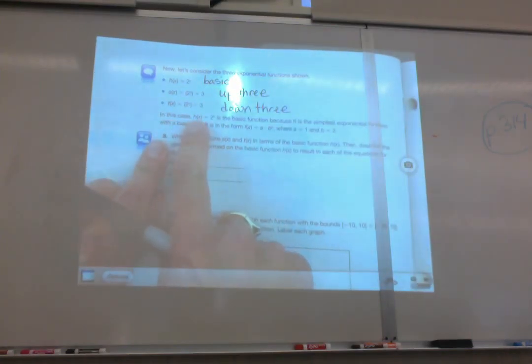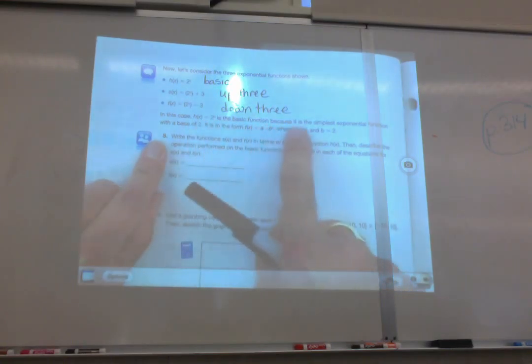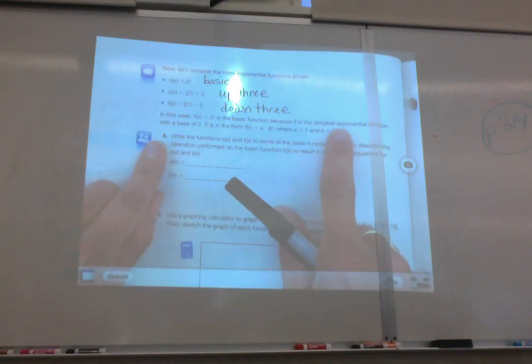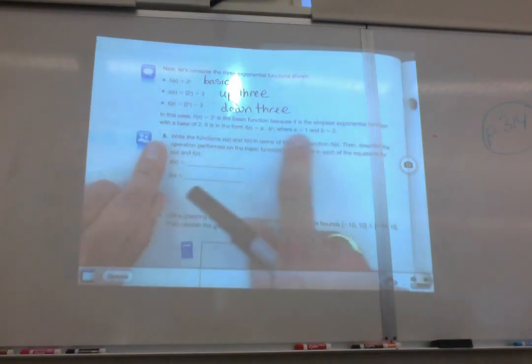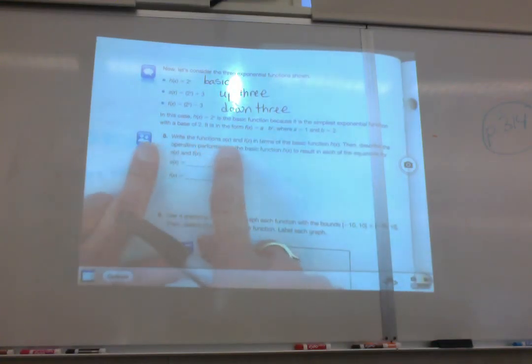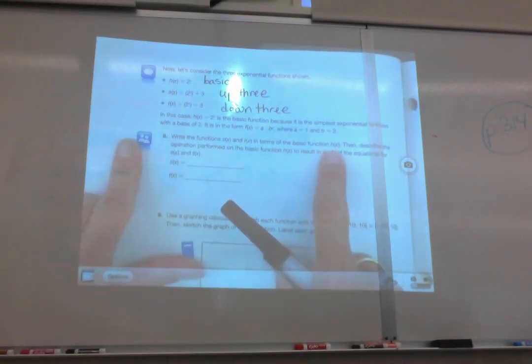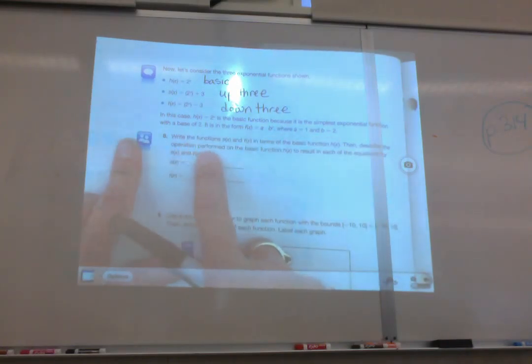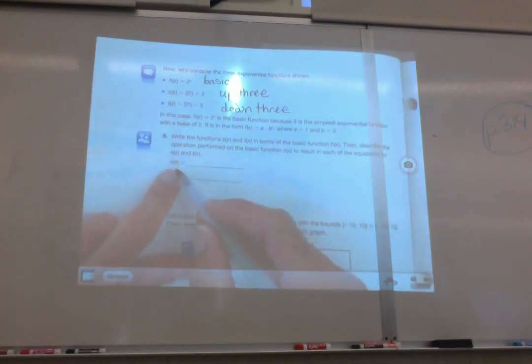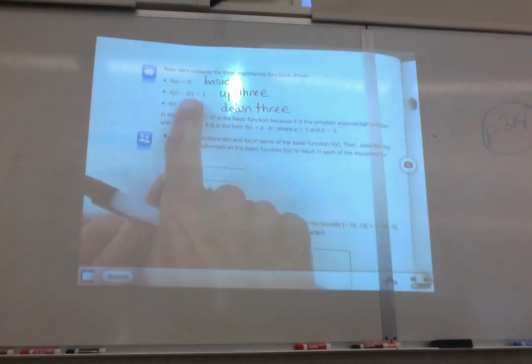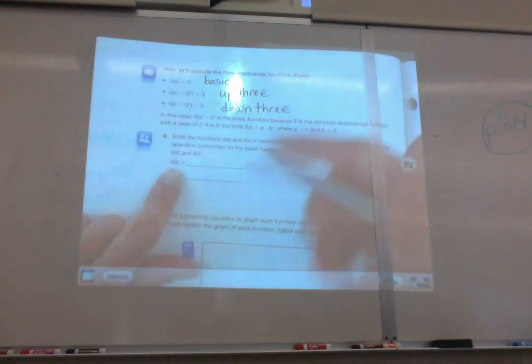In this case, h of x, 2 raised to the x, is the basic function because it's the simplest. Write a function of s of x and t of x in terms of the basic function, then describe the operation performed. So s of x is exactly the same as h of x.